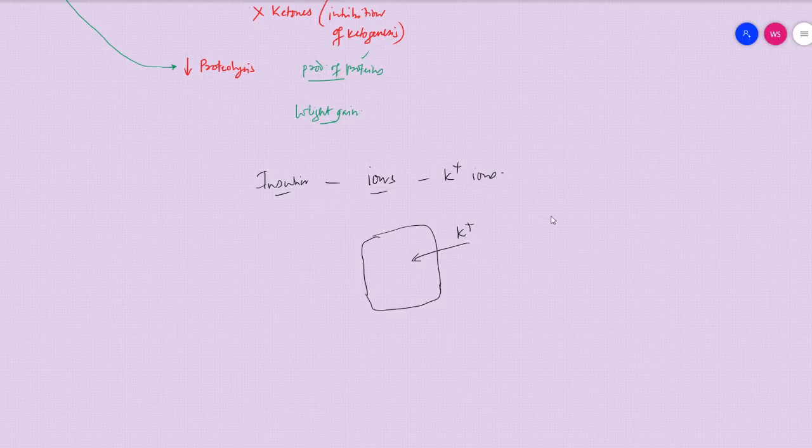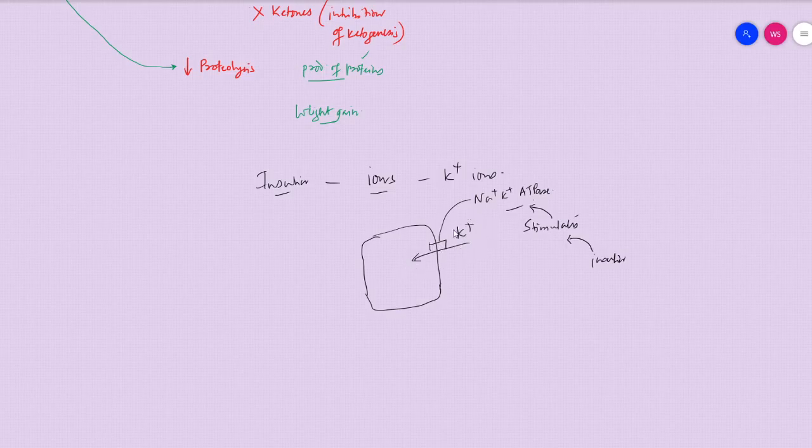And how does insulin do that? It stimulates the enzyme here. And what is that enzyme? That enzyme is sodium potassium ATPase. So insulin stimulates sodium potassium ATPase, which pushes potassium into the cell.